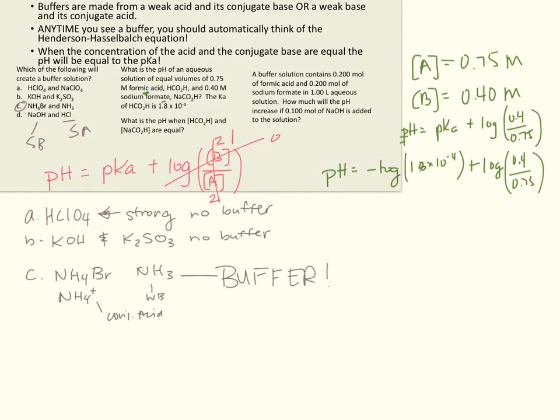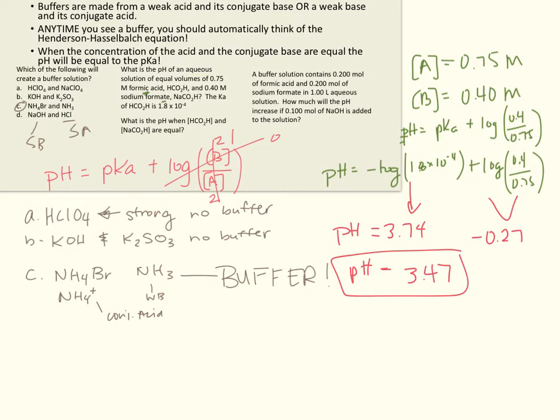And so this one right here becomes negative 0.27. And then the pKa, negative log of 1.8 times 10 to the negative 4, is 3.74. And so the pH is equal to the sum of those two, 3.74 minus 0.27, and that's 3.47.